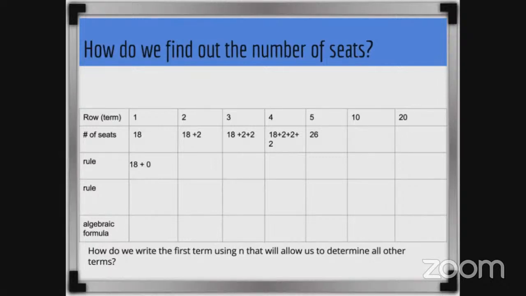Okay, so it's 18 plus 0, which would give us the 18, right? So how much would you add to get the 20? You already established that it's 2, right? Yes, miss. Okay. Can we say one set of 2? 18 plus 1 set of 2.